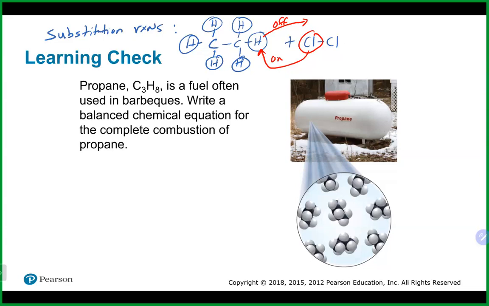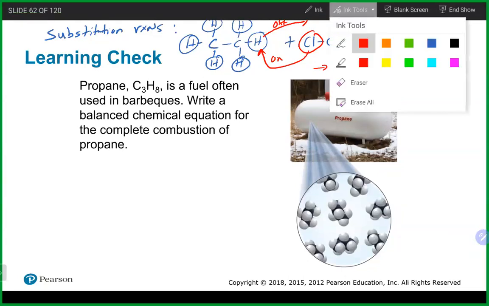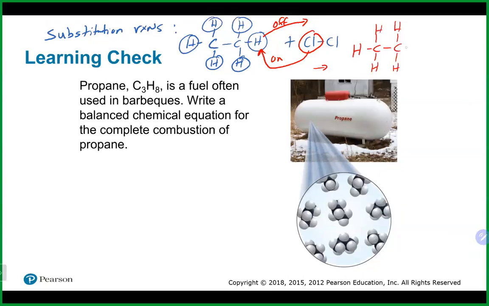So we would end up with our H, our C, our H, our H, our C, our H, our H. And at the end, where I took off the hydrogen, that is where I want to put, in this case, my chlorine.